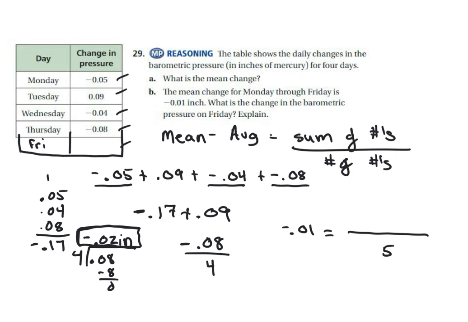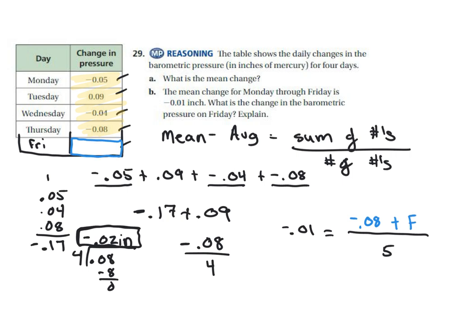We know that the sum of the 4 numbers that we had adds up to negative 0.08. And then we're going to add the unknown, which is the value for Friday. So let's use the variable f.